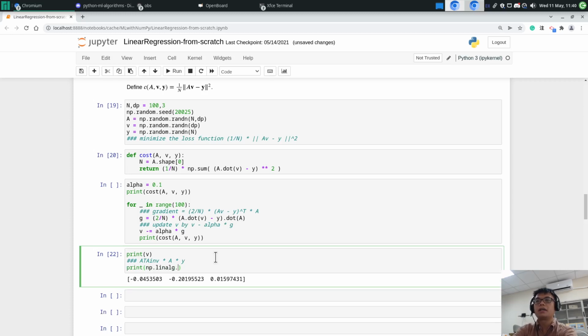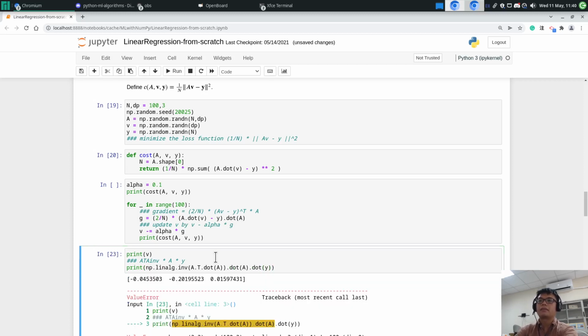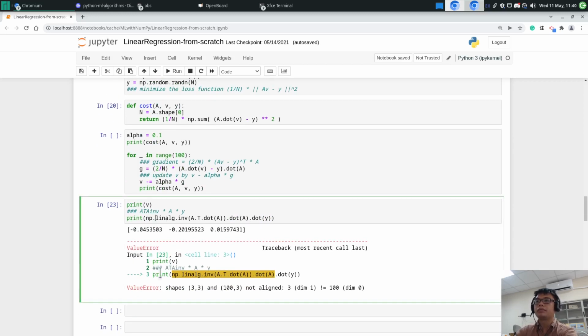Linear algebra dot inverse of A dot T dot A, and after that dot A dot T dot Y. Here is A dot T.